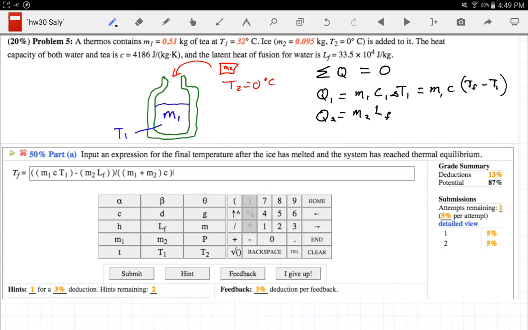Boy, I hope I said that right. It's negative heat because heat is going from this. Q1 is leaving, and of course it's going into the mass 2. So mass 2 is going to be positive, and the first thing is mass 2 times latent heat of fusion.